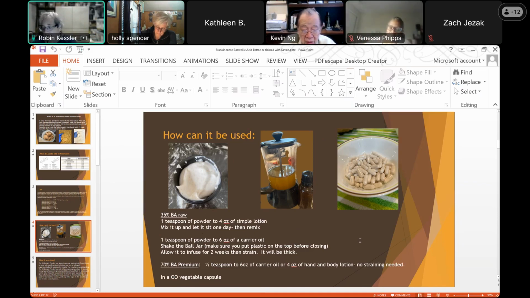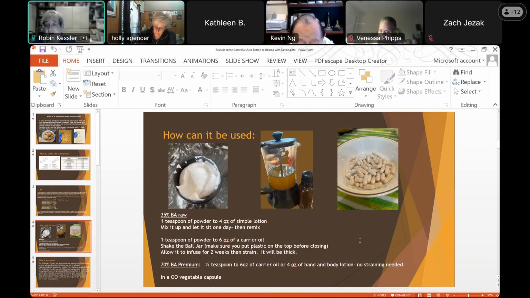You can also put it in a vegetable capsule. And here it is in capsules. You can buy the capsules on Amazon, and you can buy a capsule machine, or 1/8 of a teaspoon is what's equal to it.